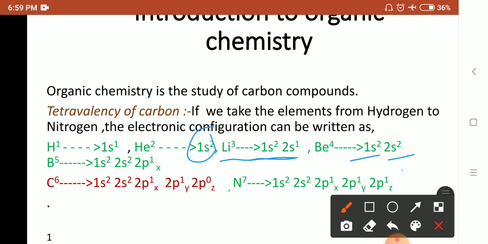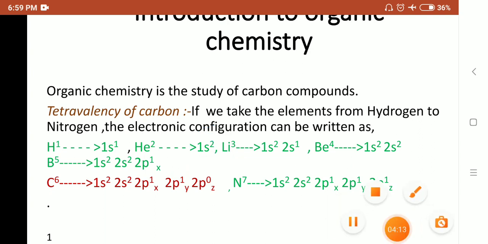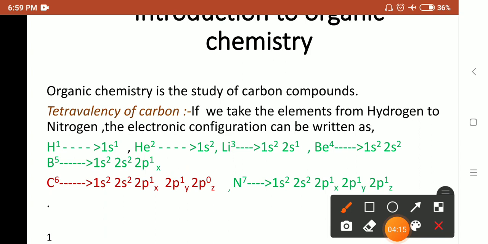Now coming to boron, atomic number 5. In case of boron, 5 electrons are there. First 2 electrons go into the 1s orbital, next 2 electrons into the 2s orbital, but 1 electron is left, that goes into the 2px orbital.